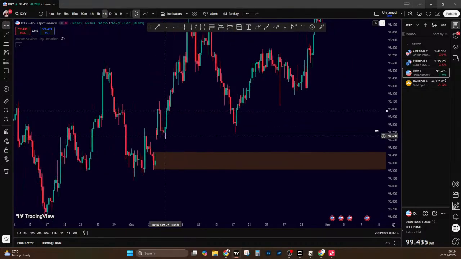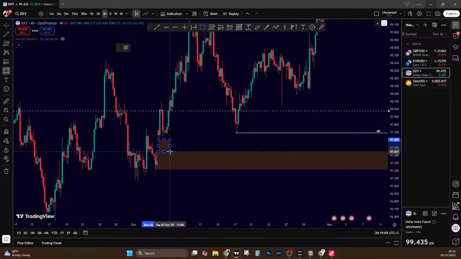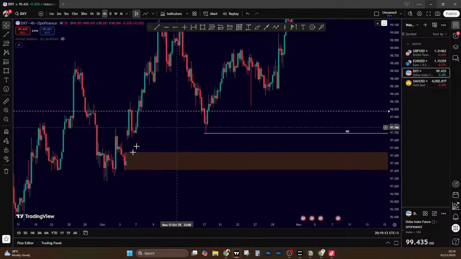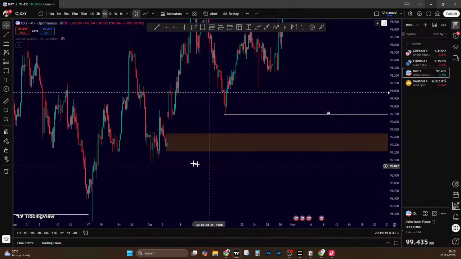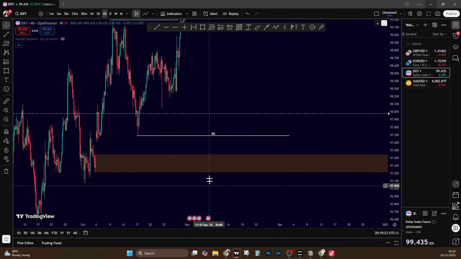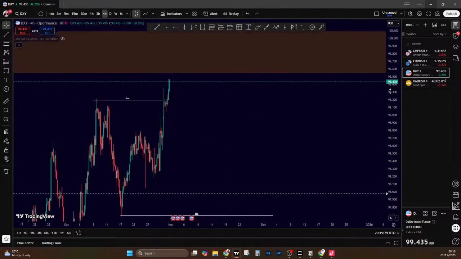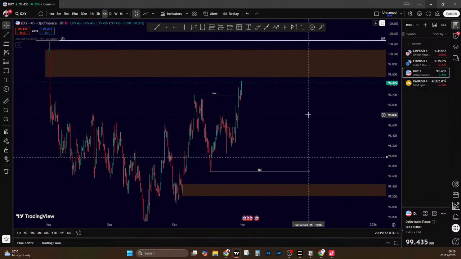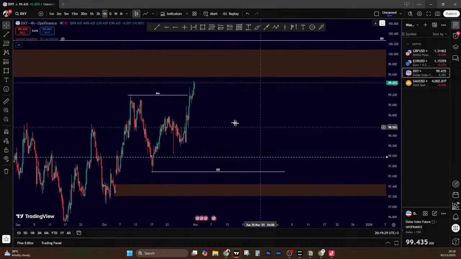An order block here, and we have FVG. You see this gap? This gap that was not filled. It is imbalance in the market. So that gives us confluence. So this is where dollar index will be coming. So this is what we expect.